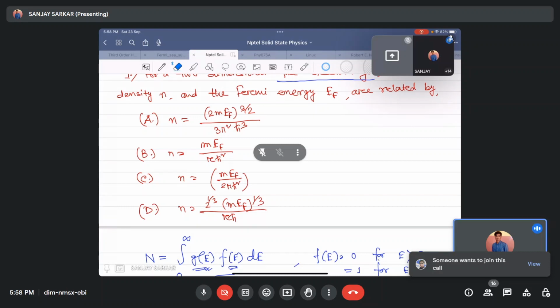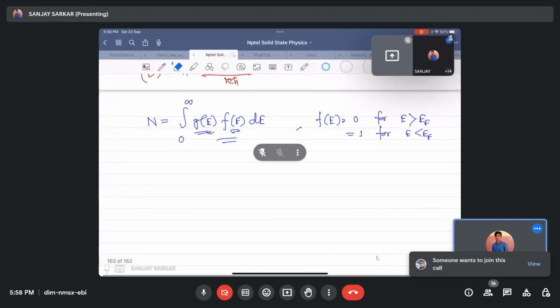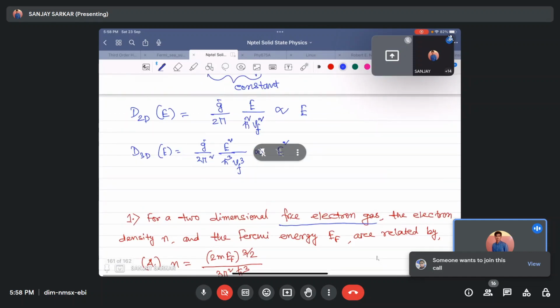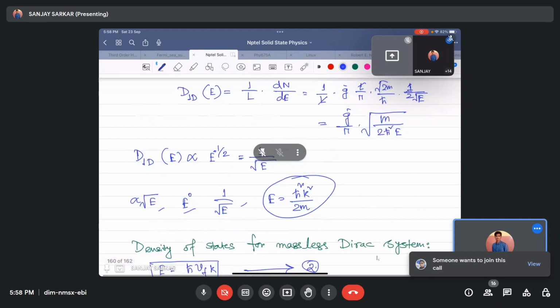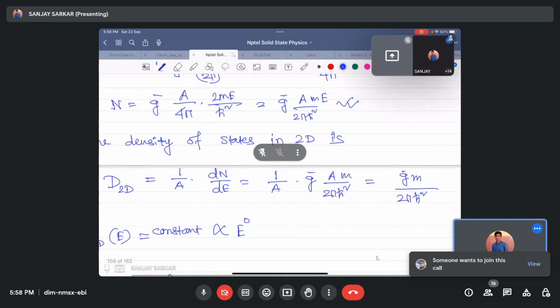So you already know the density of states G(E), which we have calculated for the 2D system. And what was the value?